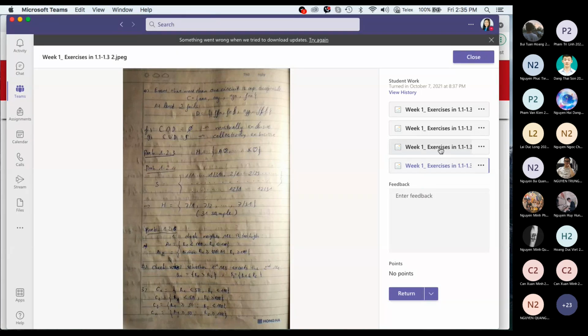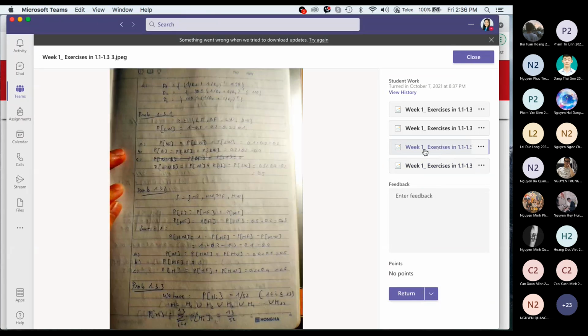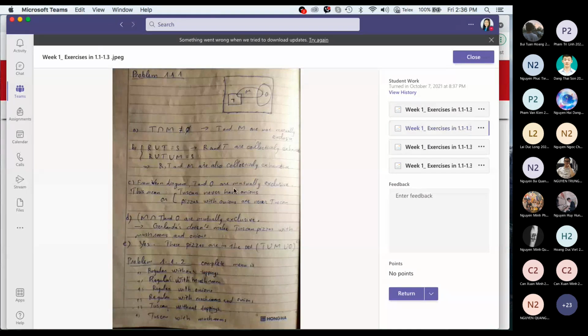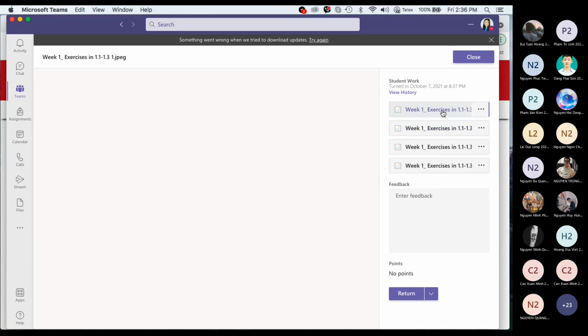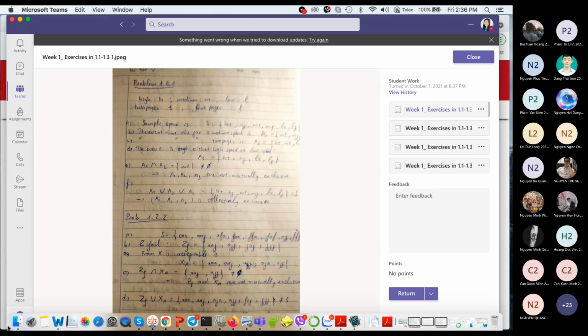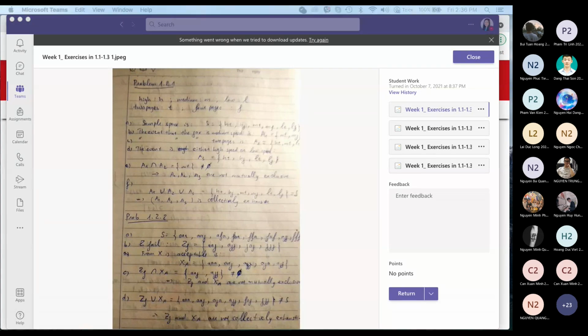Number 2. 1.3. 1.1. Now we move on. The exercise 1.2.1. 1.2.2.